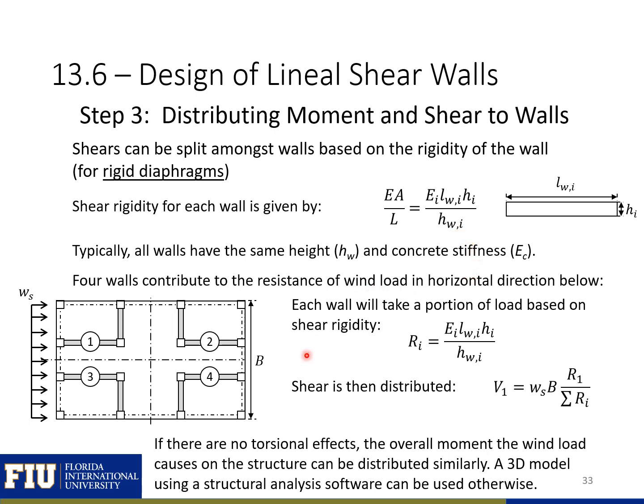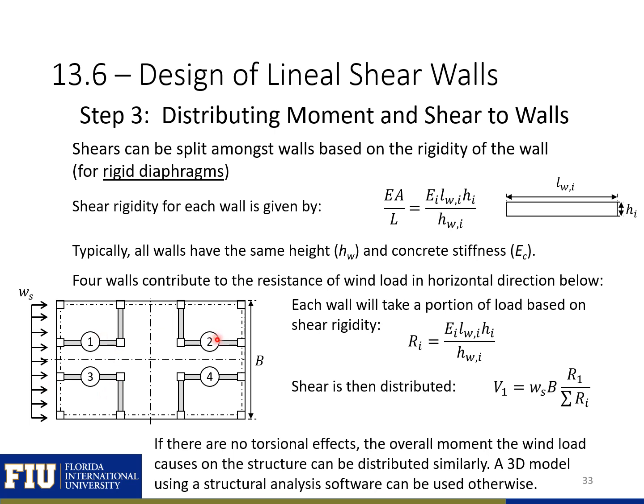So in this example, the four walls are going to contribute to the resistance of the wind load in the horizontal direction. So 1, 2, 3, 4 walls that are perpendicular to the wind load are going to resist the shear in that direction.